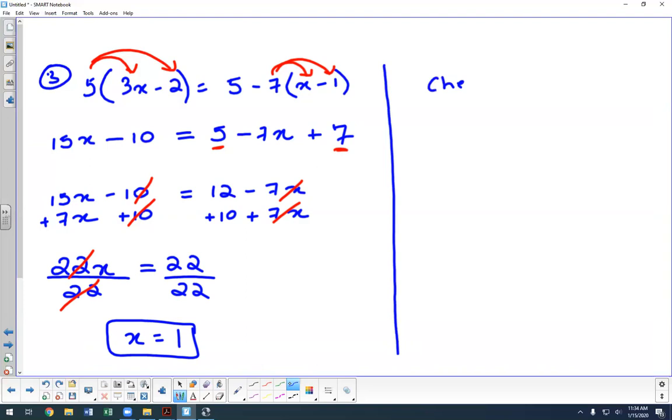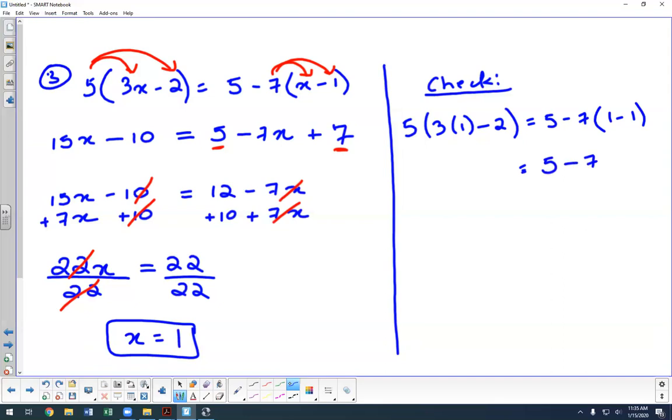We'll do a quick check over here. So obviously inside the parentheses, 1 minus 1 will become 0, and 7 times 0 will be 0.